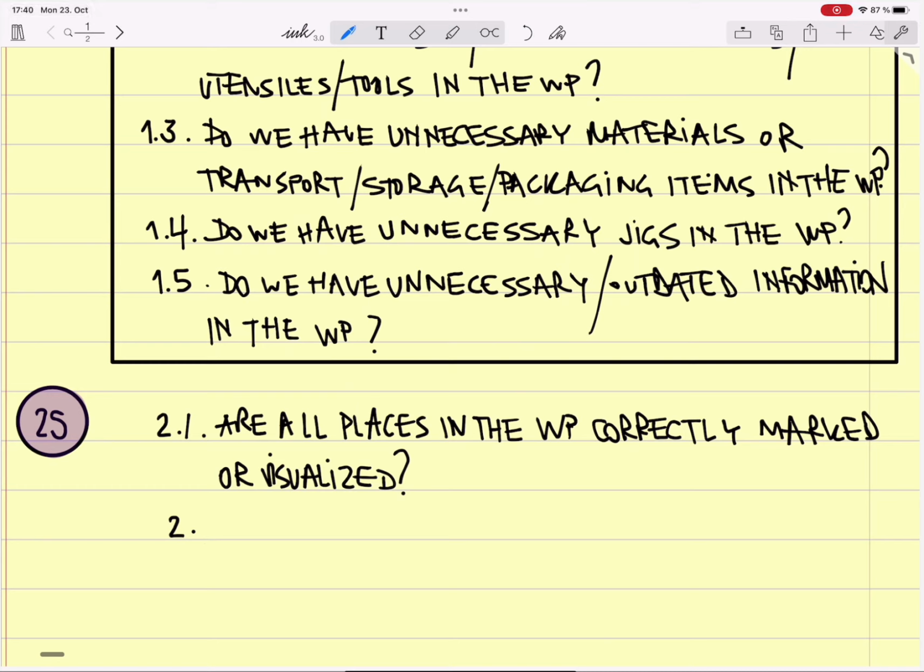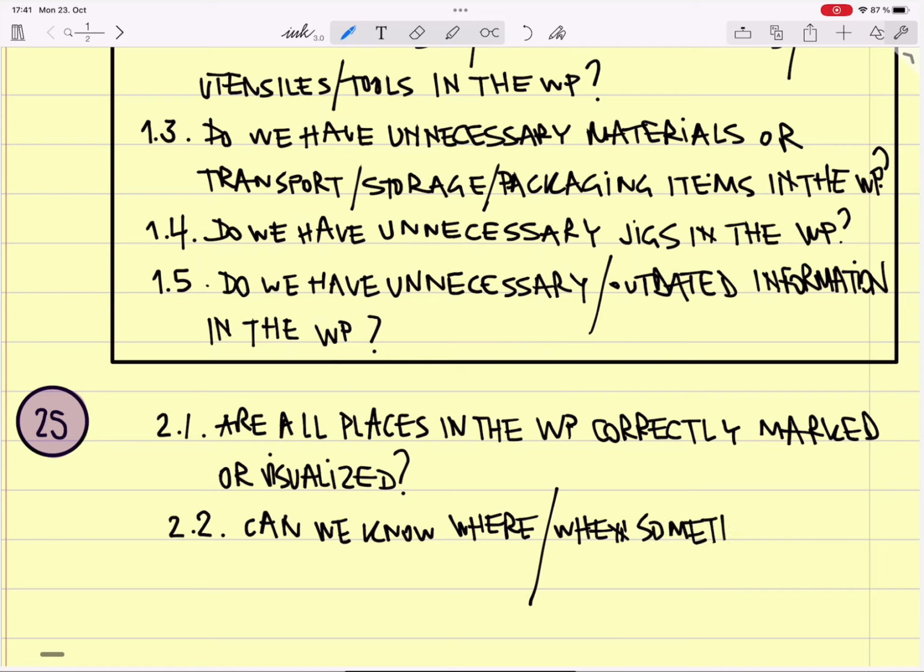2.2. Can we know where and when something is missing? You call it shadow boards.